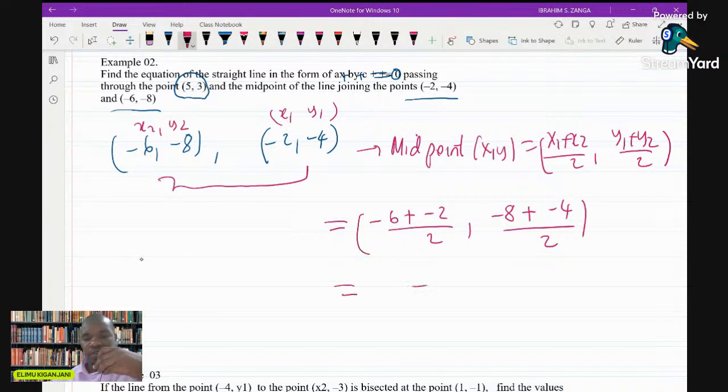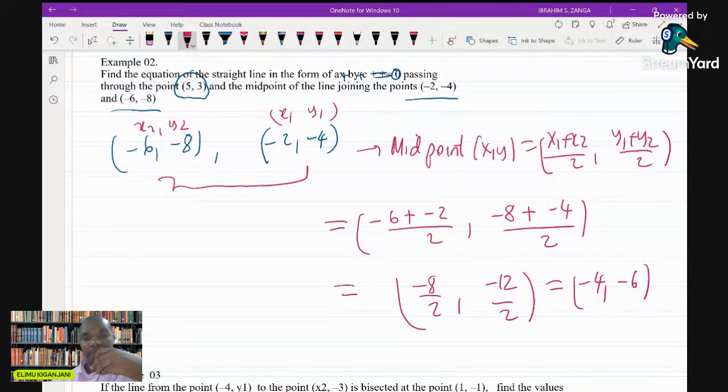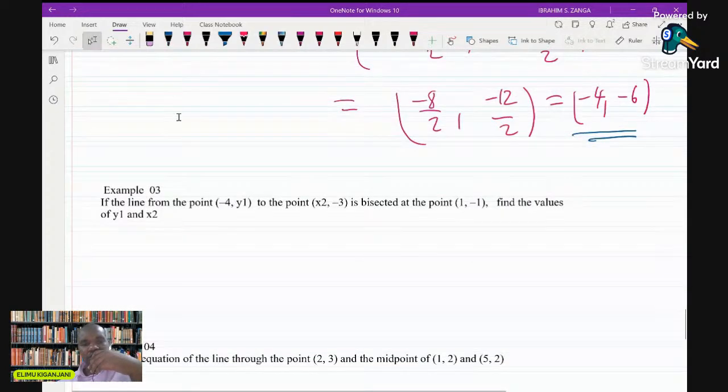This is equal to -8/2, -12/2, and this is actually (-4, -6). So now we are going to use this point here and (5, 3) to find the equation of a straight line.